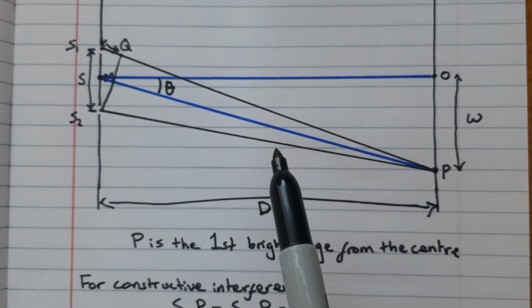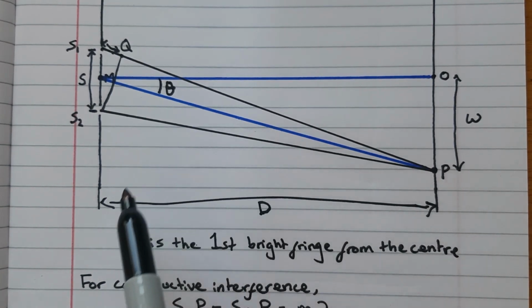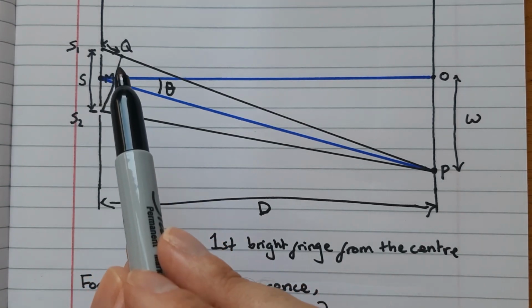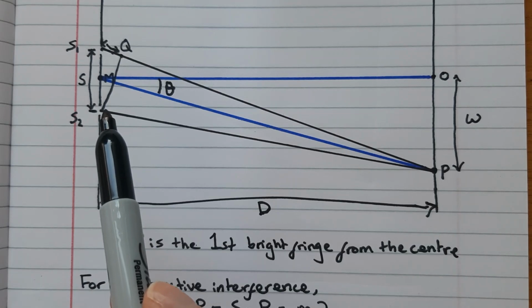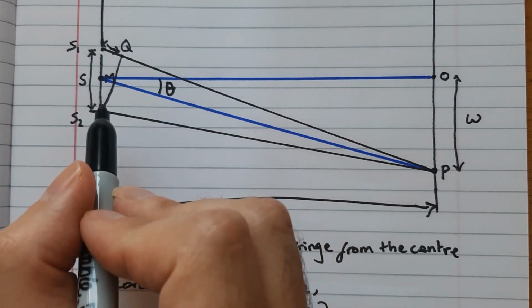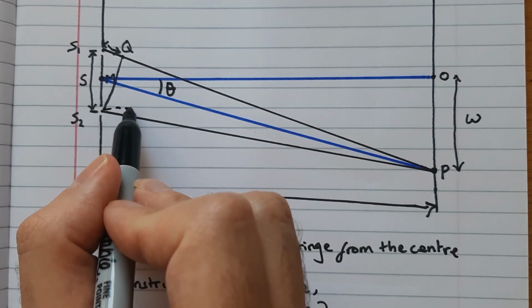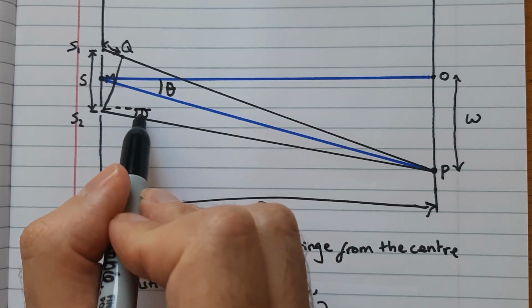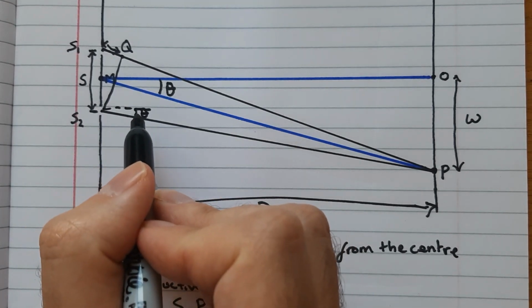I know it doesn't look like that on the diagram, but if I was to make the distance D really big over here, the lines would look almost parallel to each other. Therefore, if this angle here is theta, that means that if I put a horizontal dotted line here, this angle must also be theta.